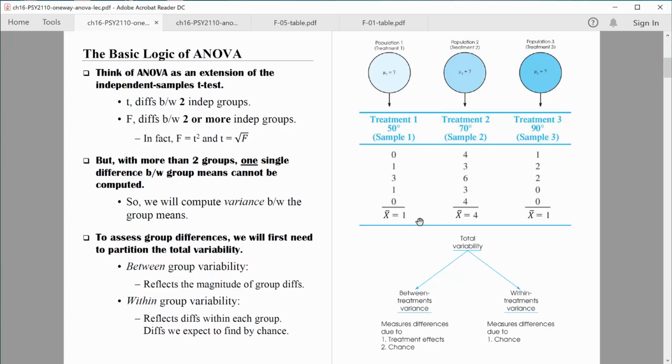My point for right now is simply that when we look at all this data, you see we could compute more than one difference. We can compute a difference between the people in the cold room compared to the comfortable room. We can look to see how much there's a difference between the people in the comfortable room and the hot room. And then we can also look to see how much people differ between the cold room and the hot room. A t-test can't handle that.